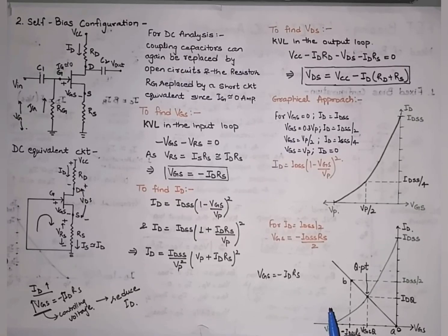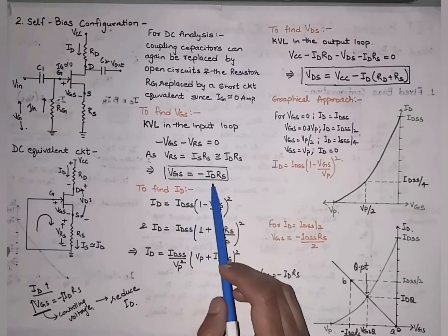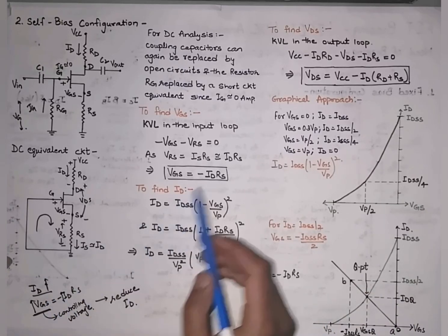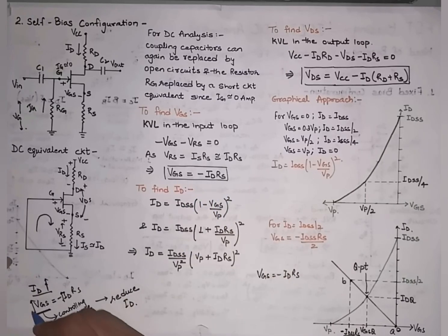Now look at why this is called the self-bias configuration. VGS depends upon the value of the current ID. It means if I increase the value of ID, maybe due to temperature or some other reasons, then definitely according to this relation VGS must increase.